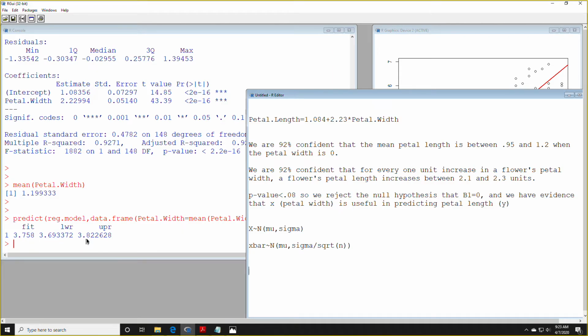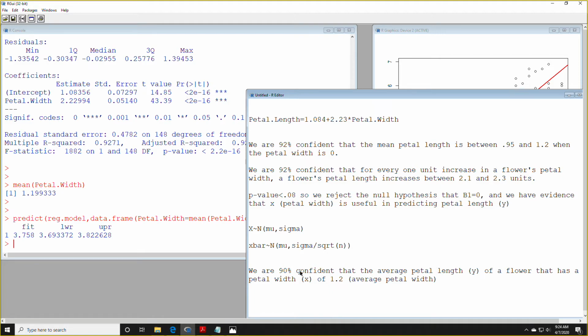So this is our confidence interval, and specifically, we are 90% confident, we used level is equal to 0.9, 90% confident that the average, this is a confidence interval, so it is for the average, we're 90% confident that the average petal length, that's our response variable, of a flower that has a petal width, petal width is our predictor variable, of, what was it, basically 1.2, and I'll put in quotes, this is the average petal width, okay?